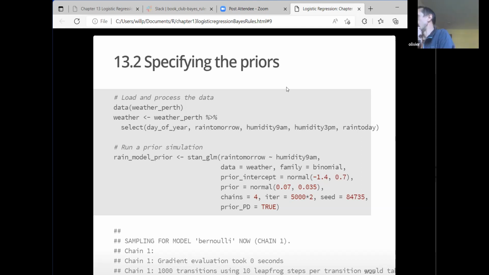Yeah, they say there is roughly a 20% chance of rain. That's why they use the -1.4 with the centered beta intercept, which is like a -1.4 prior intercept.